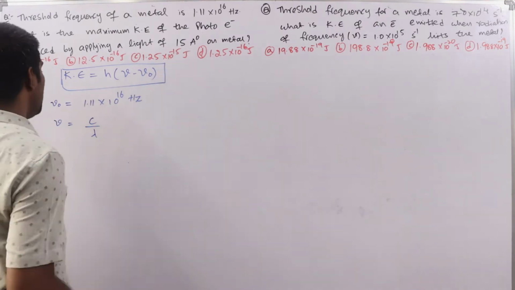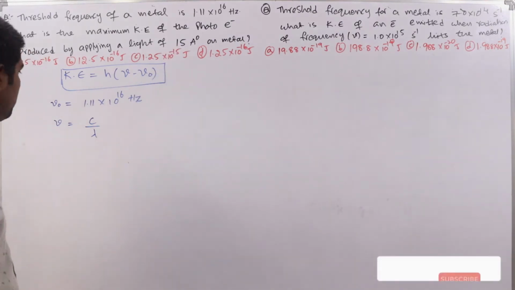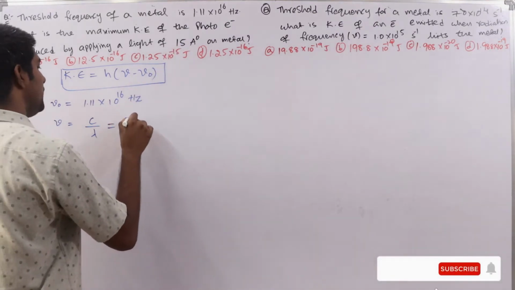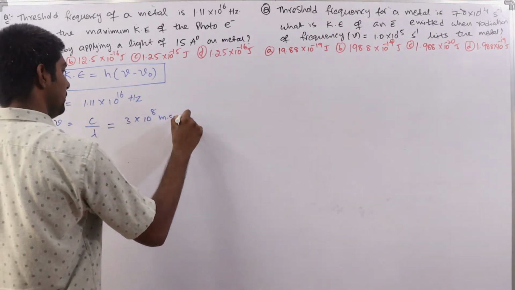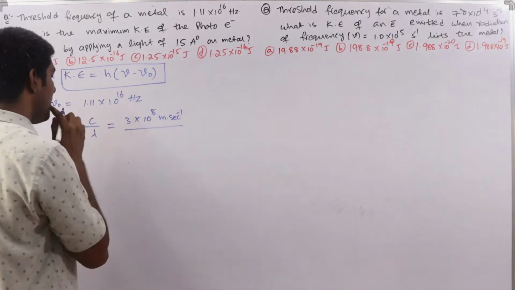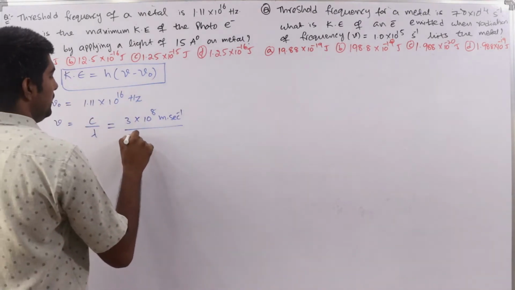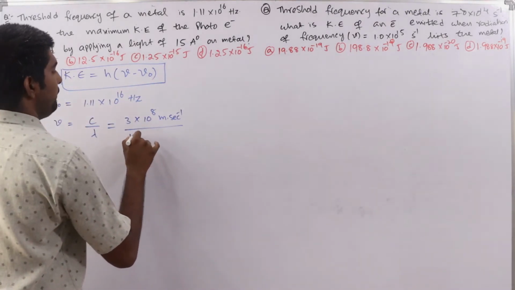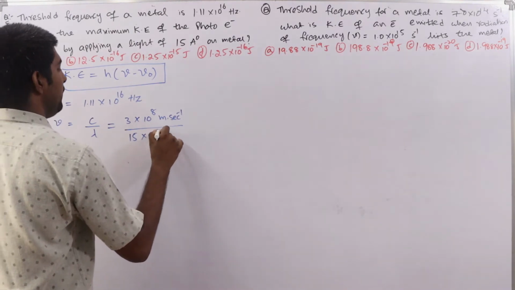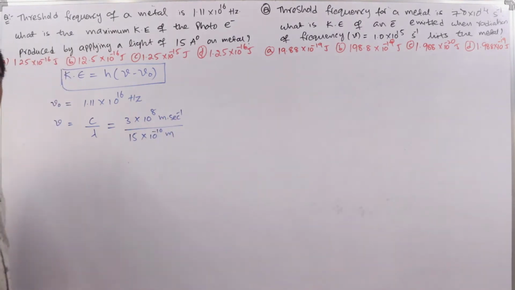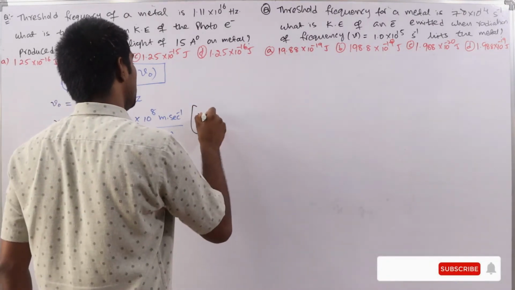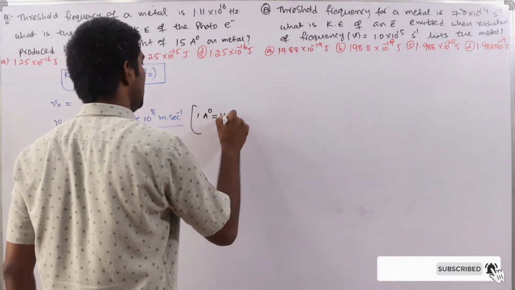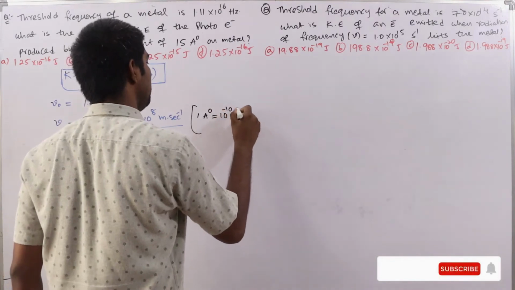They have given lambda equal to 15 angstrom. So that is here 3 into 10 power 8 meter second inverse by 15 into 10 power minus 10 meter, because we know that 1 angstrom equal to 10 power minus 10 meters.